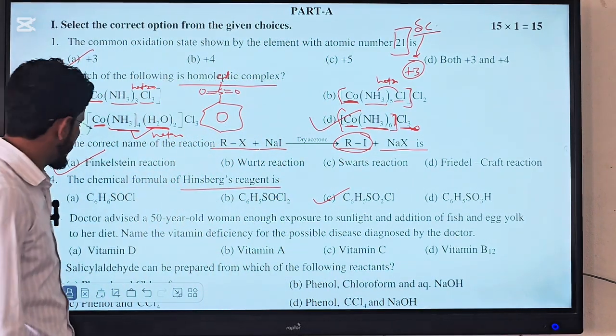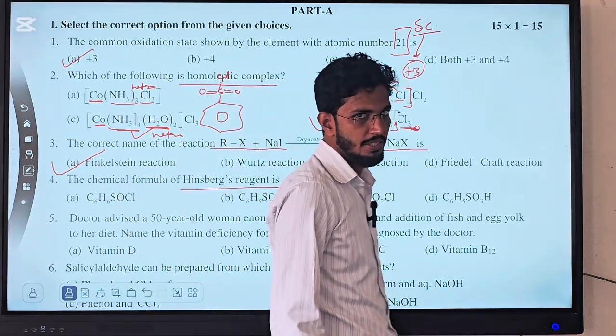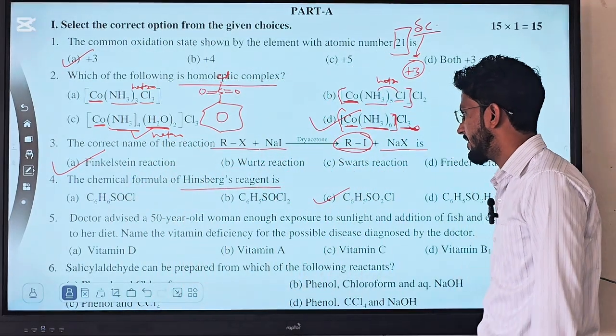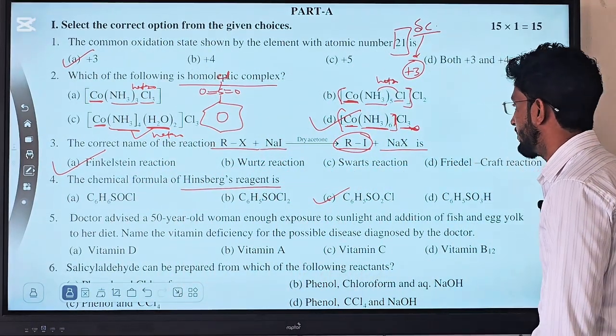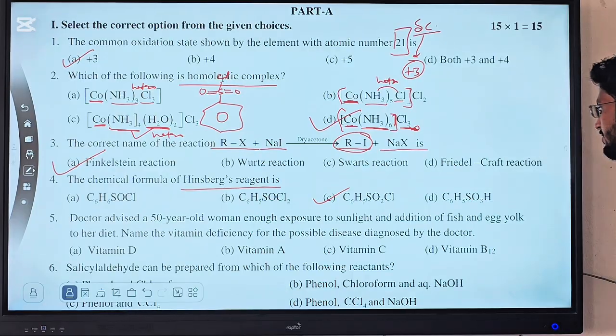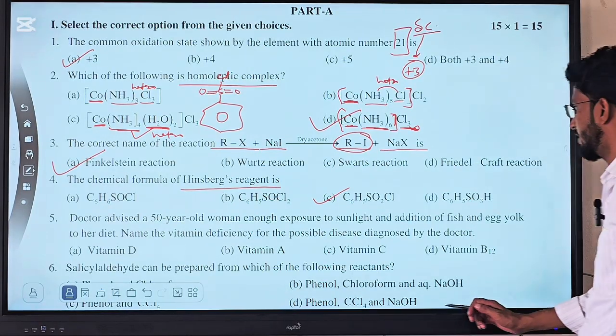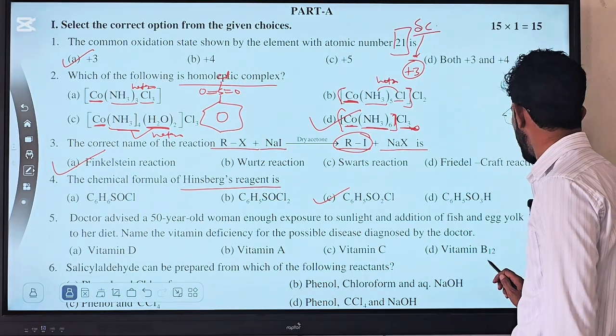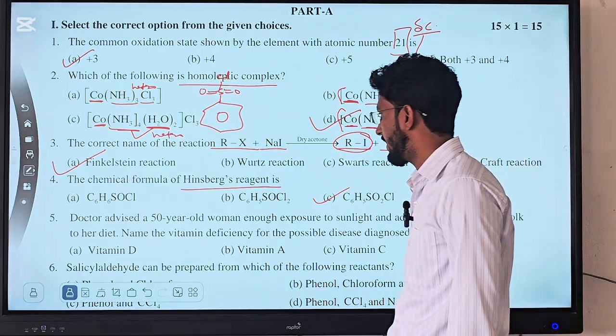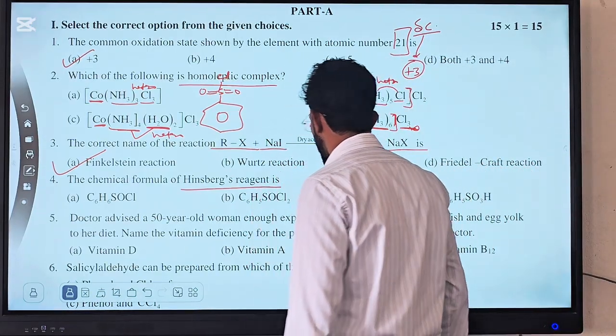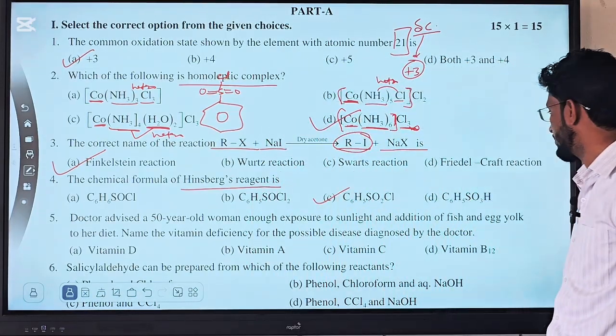Now, if you see question number 5, it is given that a doctor advised a 50 year old woman enough exposure to sunlight and addition of fish and yolk to her diet. Name the vitamin deficiency for the possible disease diagnosed by the doctor.